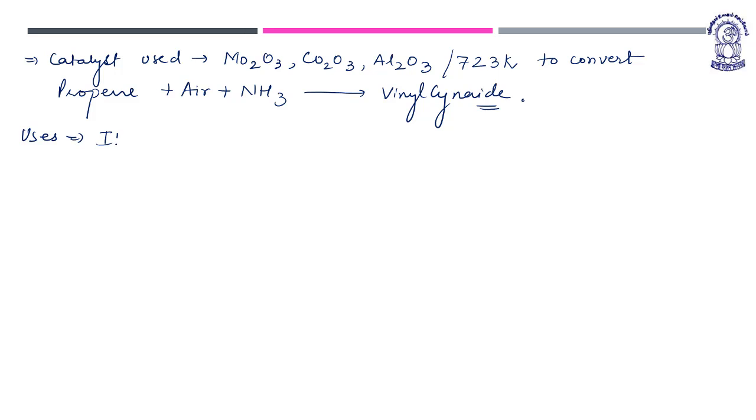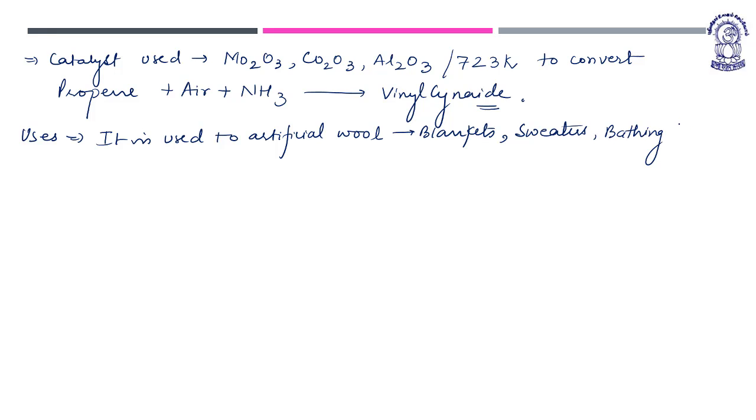It is used as an artificial wool for making blankets, sweaters, bathing suits, etc. It is also used to make synthetic carpets.